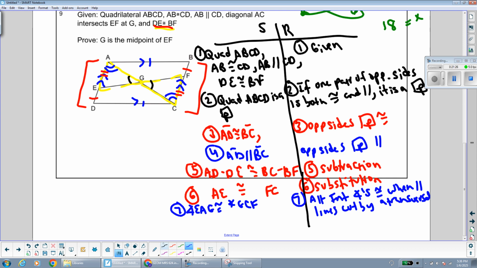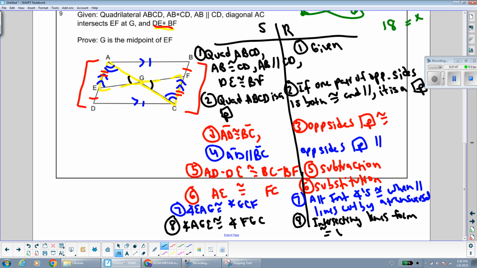And then I'll put the vertical angles. Angle AGE is congruent to angle FGC. And our reason for that is intersecting lines form congruent vertical angles.